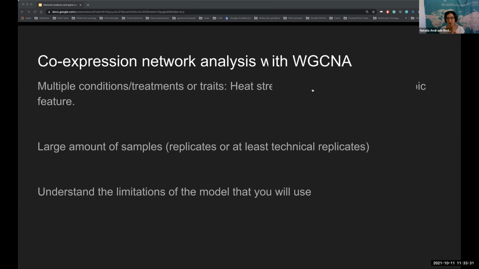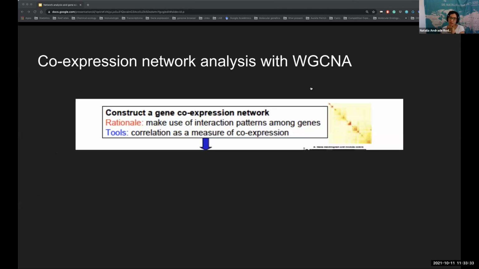So if we jump to WGCNA, they have a very basic workflow of what the package aims to do. Of course, the first thing is to construct the co-expression network, and for that you need the adjacency matrix or the correlation matrix that you build.